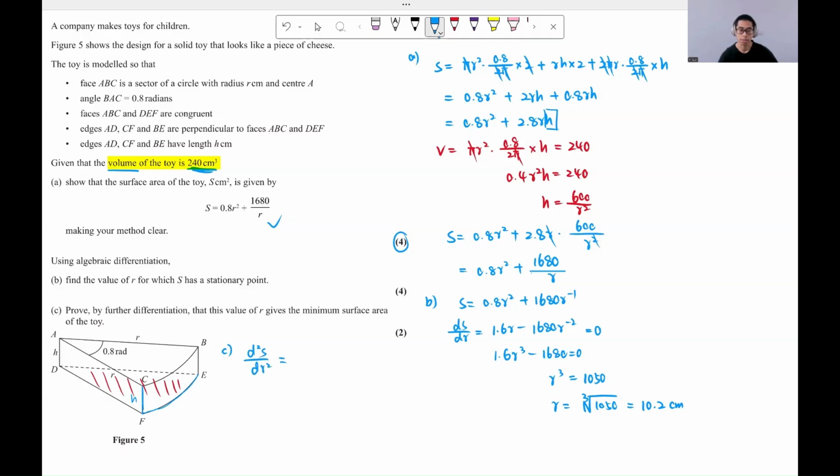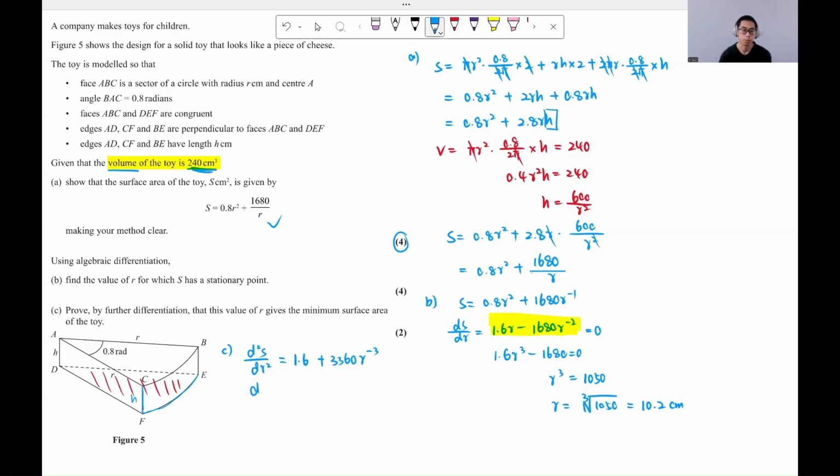So let's differentiate again. 1.6r, so this is our ds over dr. We need to differentiate this. 1.6r differentiates to 1.6. And then the next one, bring down the power, negative 1680 times -2 gives us positive 3360, r to the power -3.